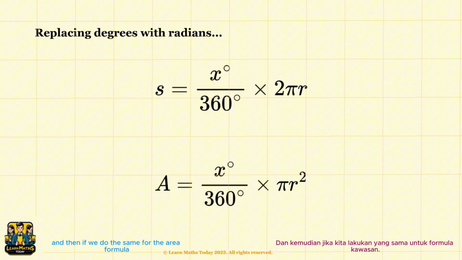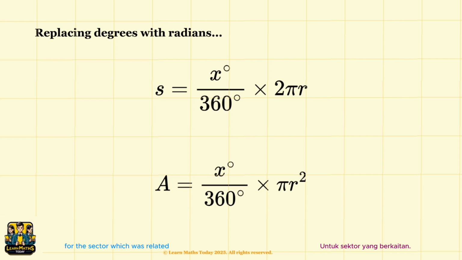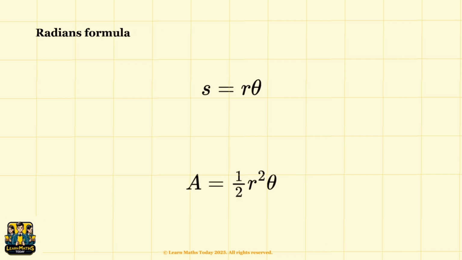If we do the same for the area formula for the sector, which was related to the ratio of the degrees of that sector and the area of that sector, and we substitute in the relationship between radians and degrees, pi radians equals 180 degrees, replacing x degrees with radians, we get a new definition of the area expressed in terms of radians.